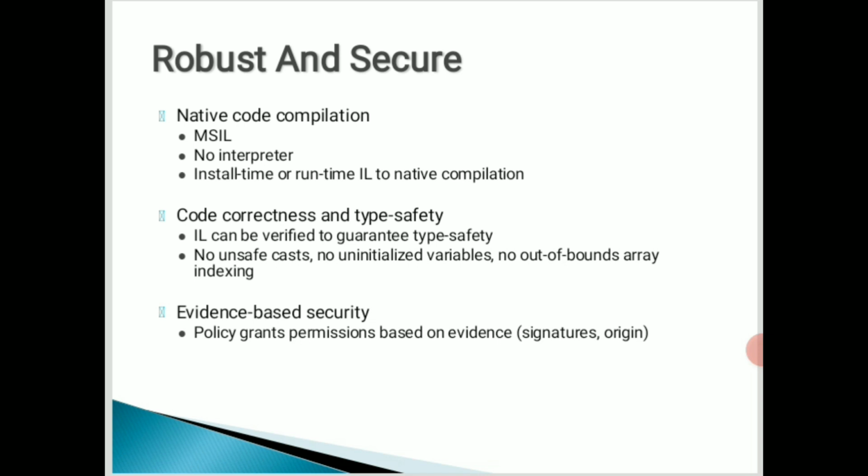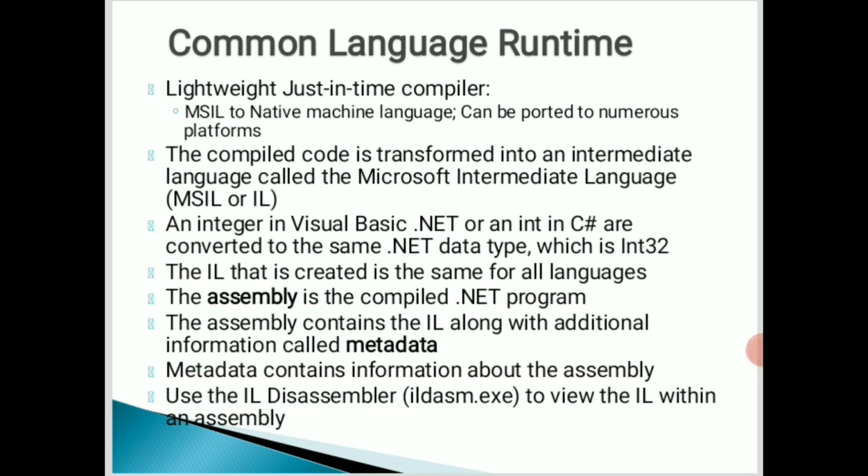Evidence based security. Policy grants permission based on evidence, for example signature and origin. Common language runtime has a lightweight just-in-time compiler. MSIL to native machine language can be ported to numerous platforms.